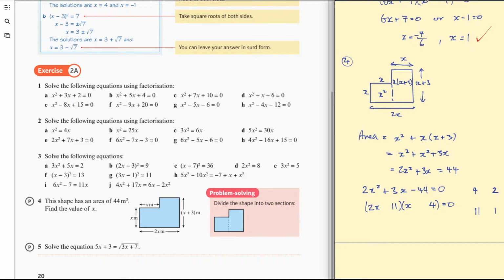We need a positive 11 and a negative 8. So this will expand out to 2x squared plus 11x take 8x will be positive 3x and then negative 44. So then our solutions are 2x plus 11 equals 0, or x take 4 equals 0. This one over here is x equal to negative 11 on 2. Or x equal to positive 4.